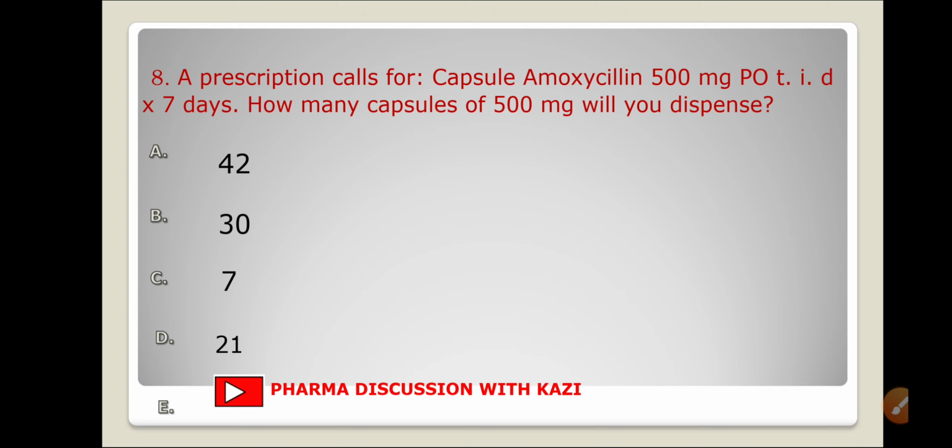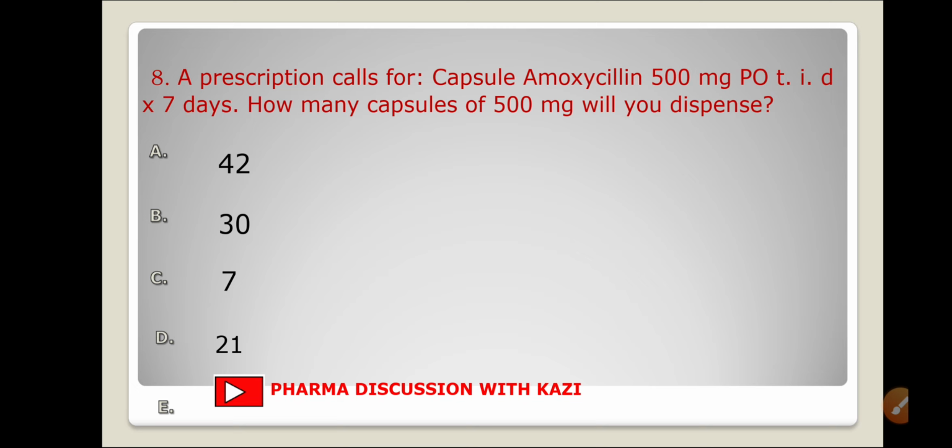Next question. A prescription calls for capsule amoxicillin 500 mg per oral TID, that is thrice daily, for 7 days. How many capsules of 500 mg will you dispense? The options are 42, 30, 7, 21. Here one capsule contains 500 mg and the dose regimen is TID for 7 days.